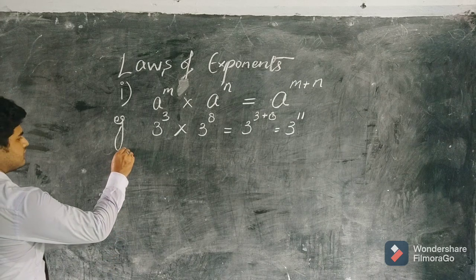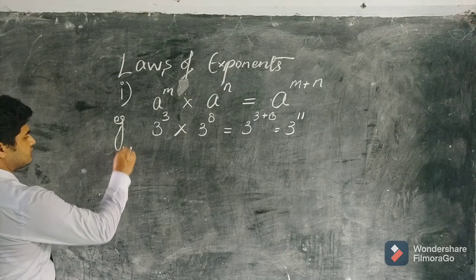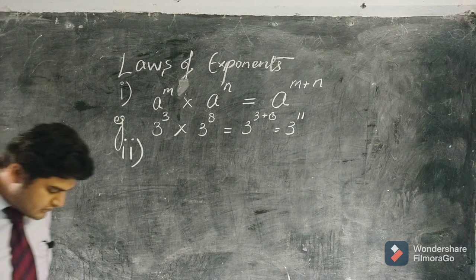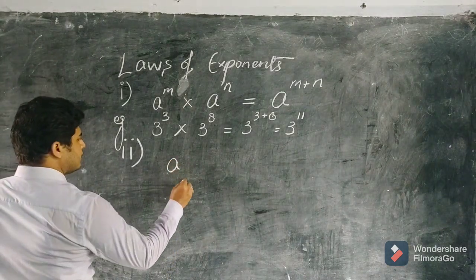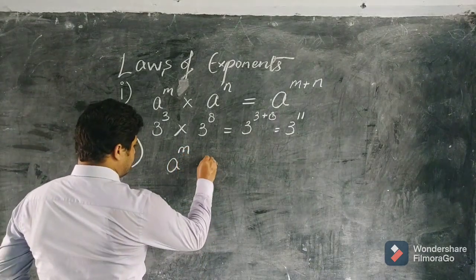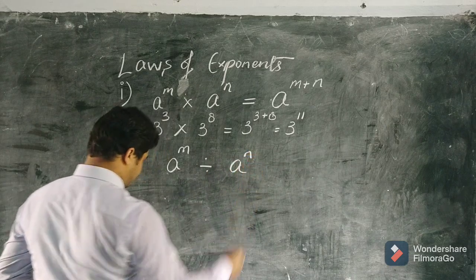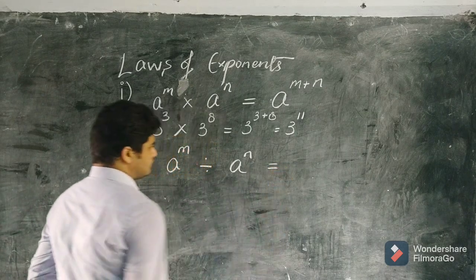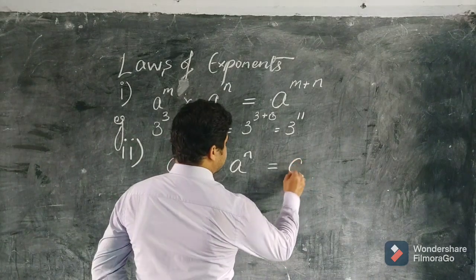Then the second law. The second law says that if there is a number a raised to the power m divided by a raised to the power n, then when the base is same and there is division, the power is subtracted.